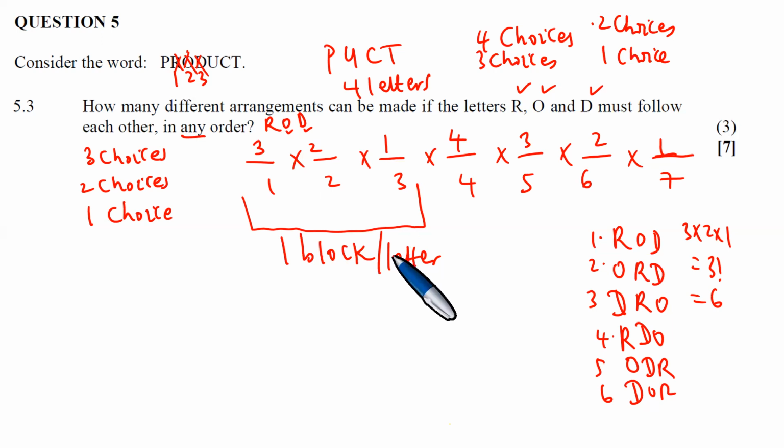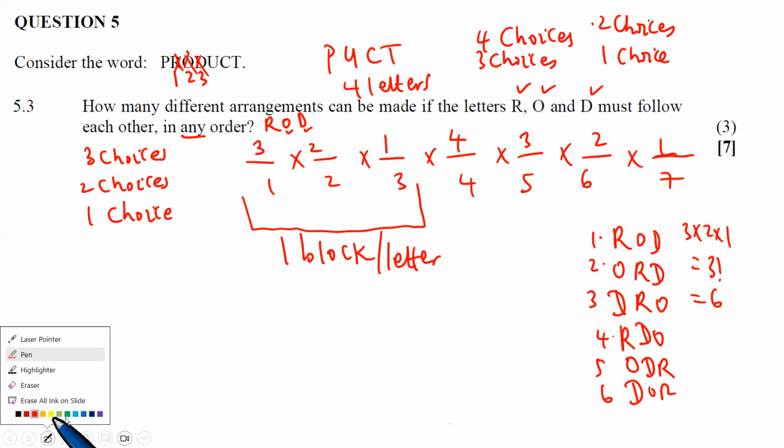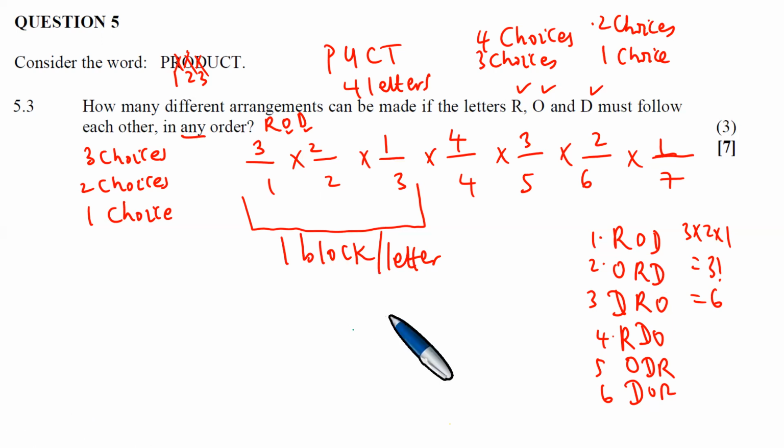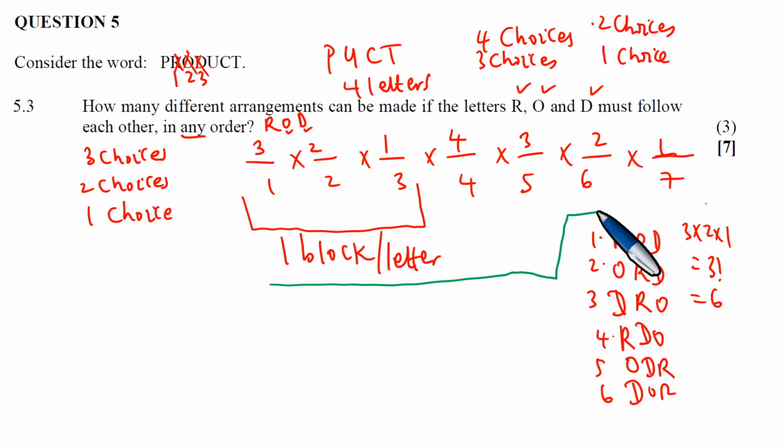So we have, in the end, this kind of an arrangement, where you draw like this, which means it's one block letter, two, three, four, five.